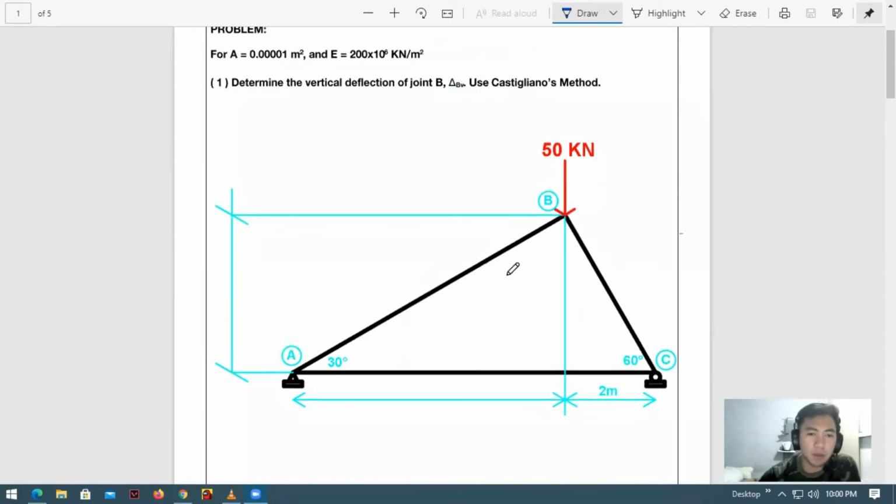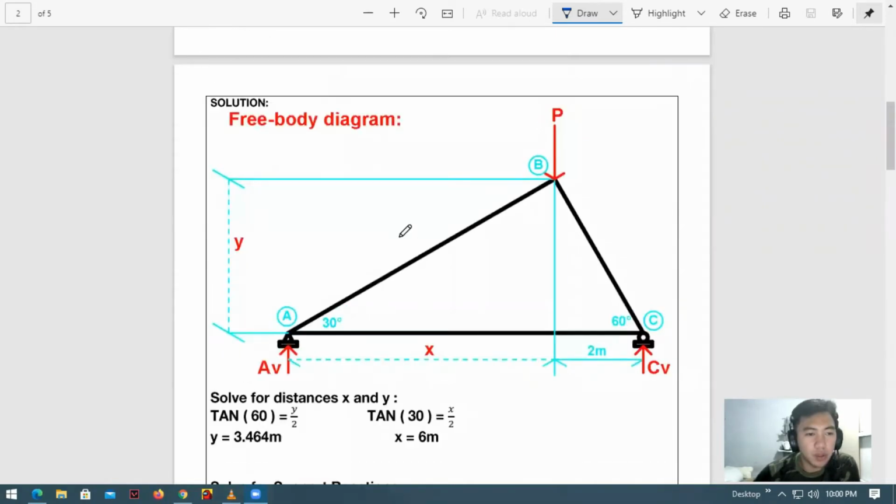First, we are going to draw the free body diagram. In drawing it, we would like to know the values of y and x so we can solve for the two supports. We use trigonometry.